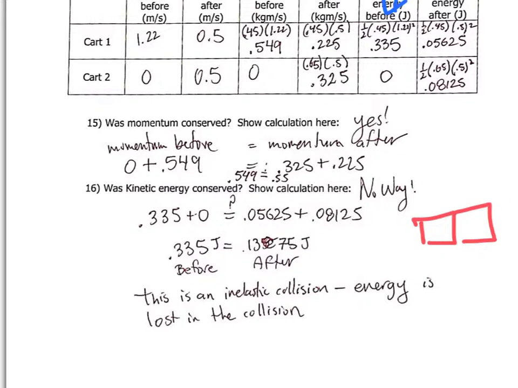Because they stick together, we assume this is an inelastic collision. Remember, elastic is bounce. And because it's an inelastic collision, we assume the energy will be lost. And check it out, that actually works. The energy before the collision is more than the total energy after the collision.